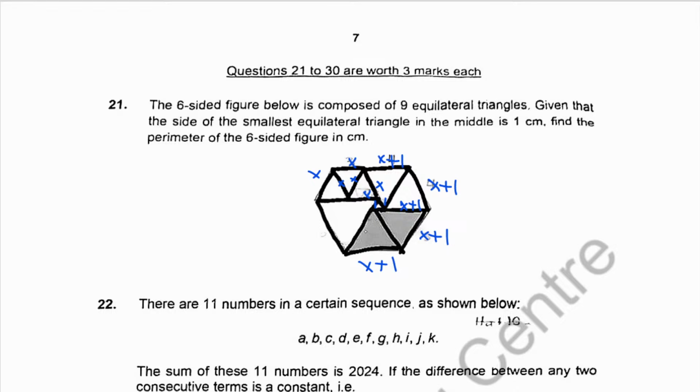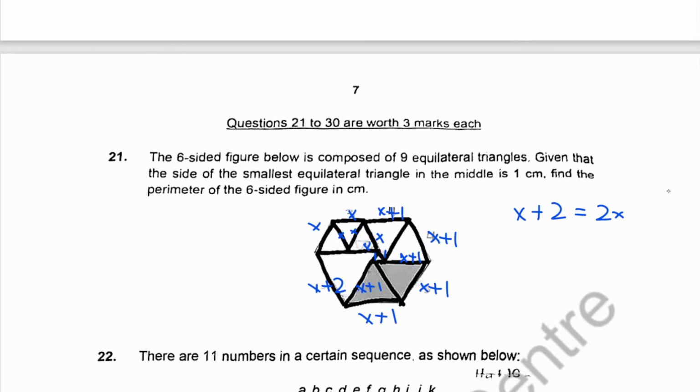Therefore, this is x plus 1 and this is x plus 2. Right? But we know that x plus 2 is equal to 2x. So x is equal to 2. So can we make this happen?